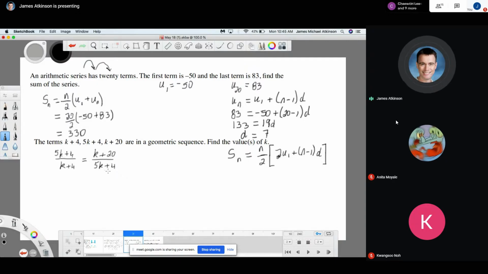Now we can cross multiply, right? Anytime you got a fraction equals a fraction, you can cross multiply. 5k plus 4 multiplied by itself must be equal to, and then we've got this cross as well, k plus 4 times k plus 20.